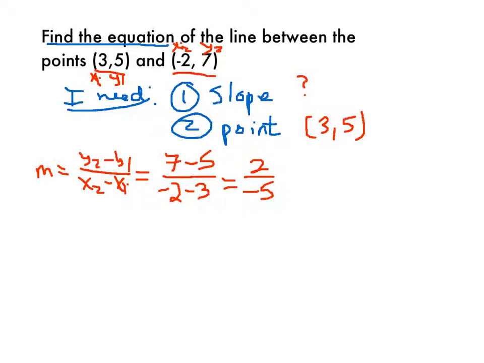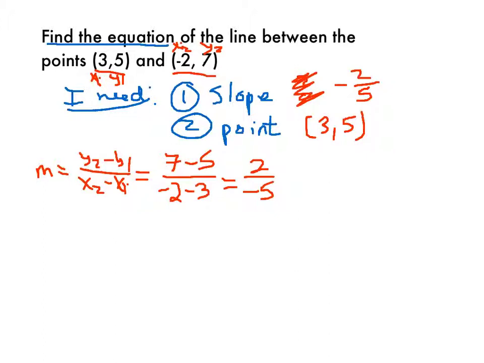So that can't be reduced anymore. We now know what the slope is. It is -2/5. And again, remember, it doesn't matter if we write this as -2 over 5 or 2 over -5 or just -2/5. All three of those are equivalent. They're saying the exact same thing.